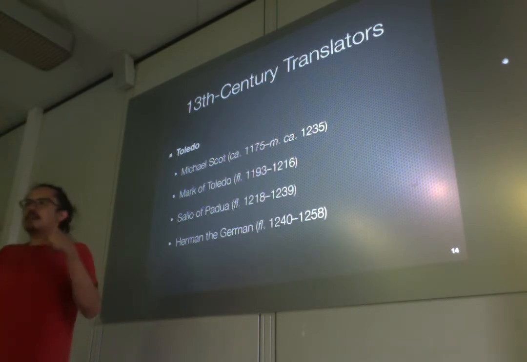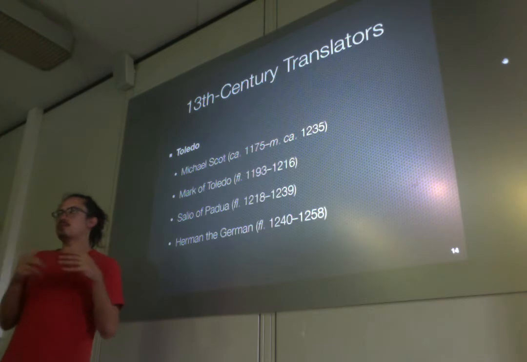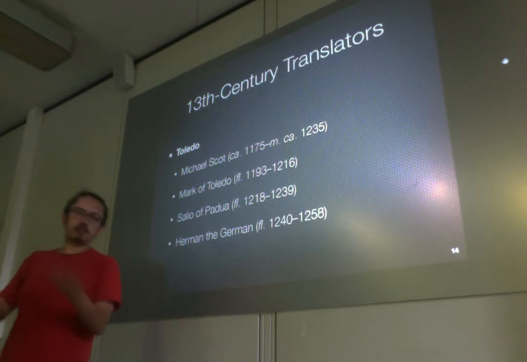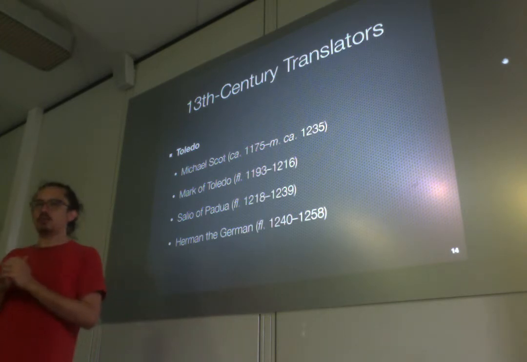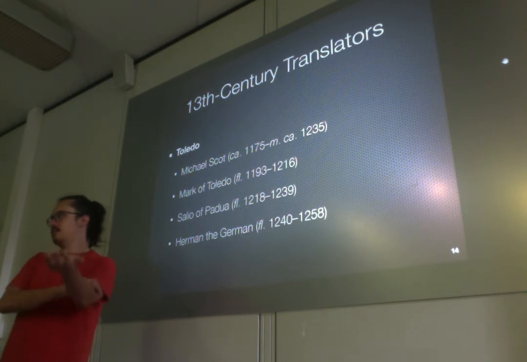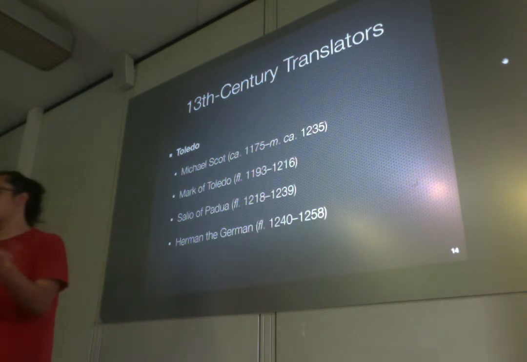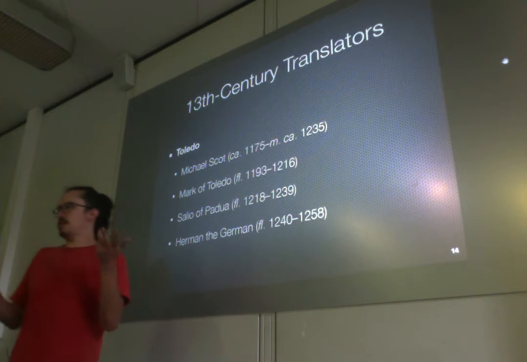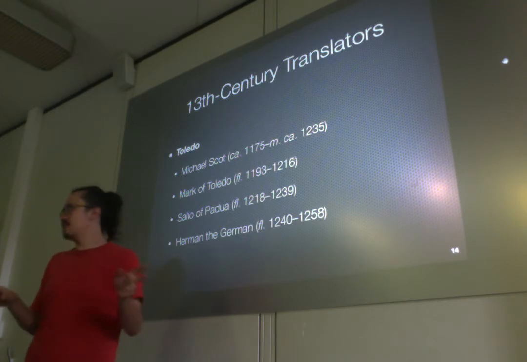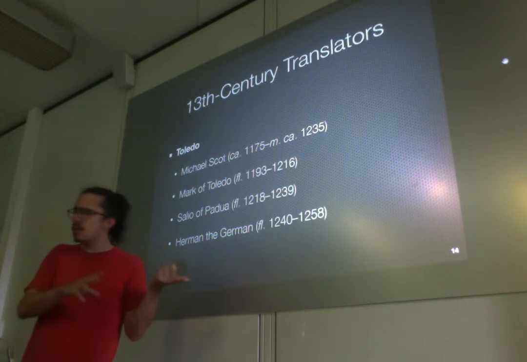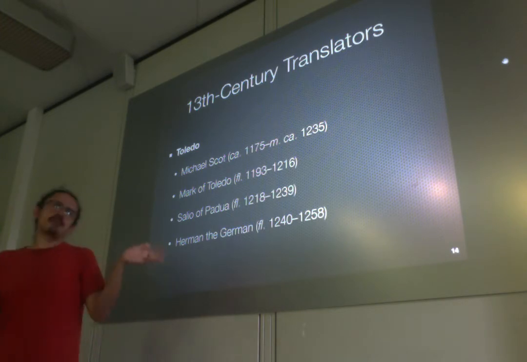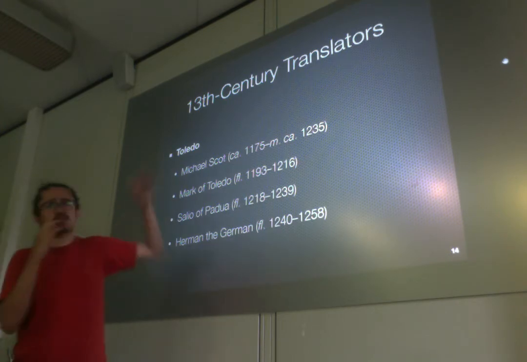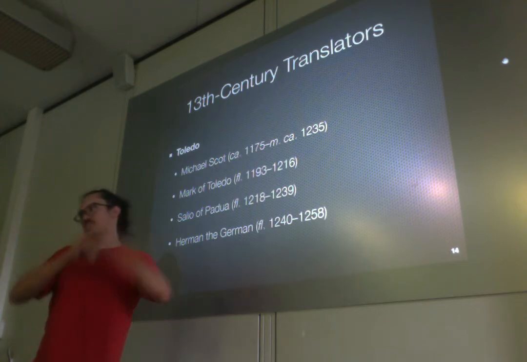But this romantic idea of a school of translators of Toledo that was actually a school, and people went there to be taught the knowledge of translating from Arabic into Latin, and people have said a lot of things: that first Gerard of Cremona was the head of the school, and then Dominicus Gundisalinus was the head of the school, and I think also Mark of Toledo or Michael Scott has been regarded as another head of school.